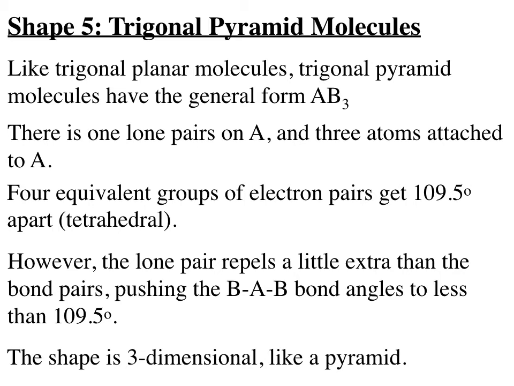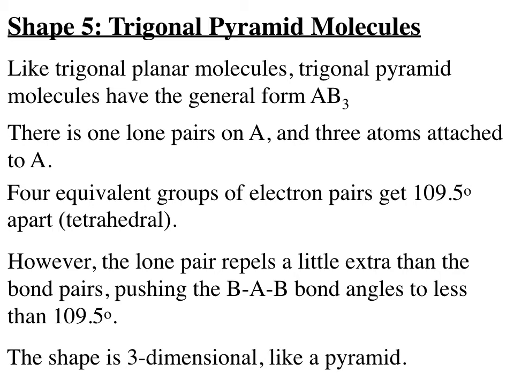Okay, now let's talk a little bit about what those bonds must be like then. If this is trigonal pyramid that has one non-bond pair to 3 bond pairs, the A has 8 electrons around it. 2 of them are in the lone pair. That means 6 electrons remain, and it has 3 B's bonded to it. So there are 2 electrons shared between the A and the B in each case.